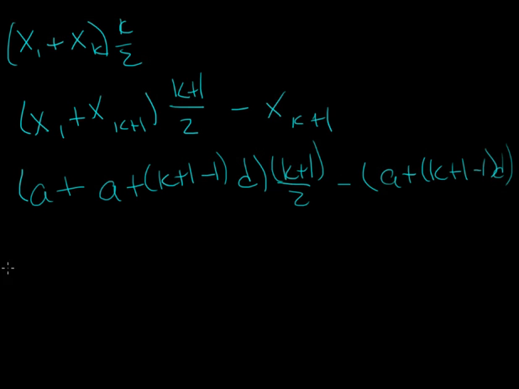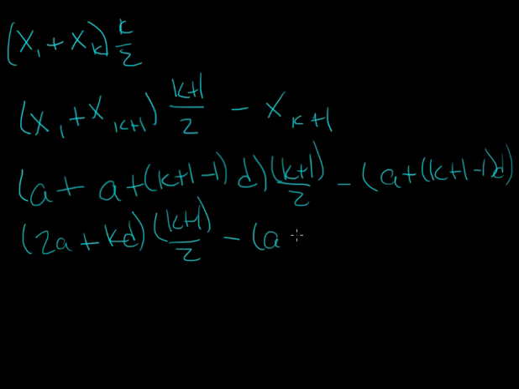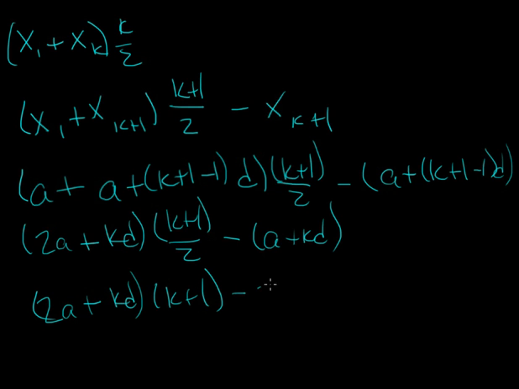We can simplify this a little bit to get 2a plus kd times k plus 1 over 2 minus a plus kd. We can put this all over the same denominator now. So 2a plus kd times k plus 1 minus 2a minus 2kd, because we put that second half all over 2.